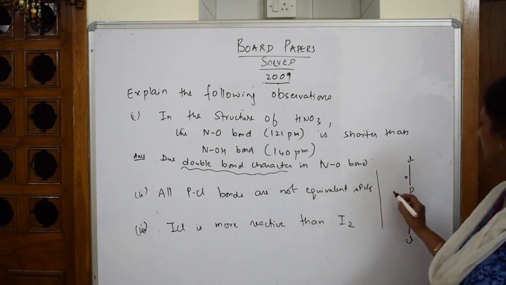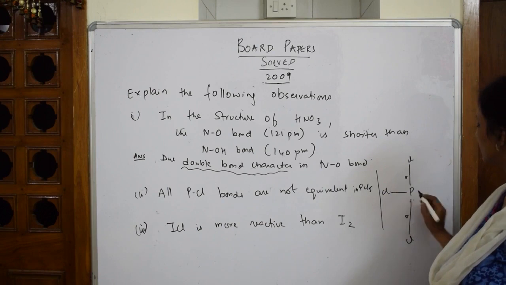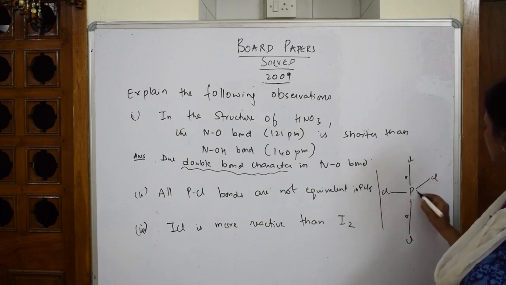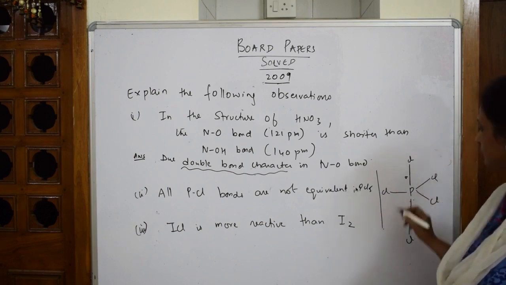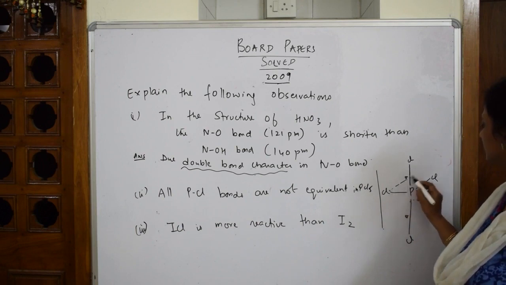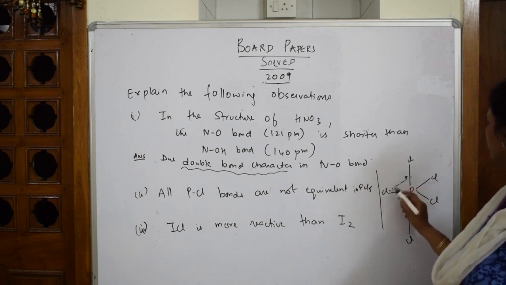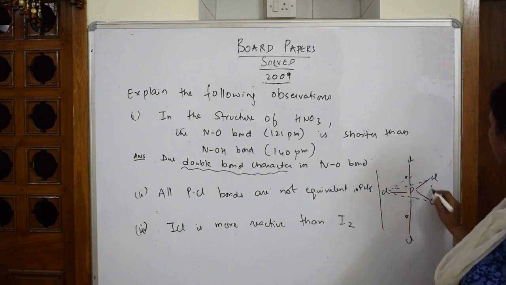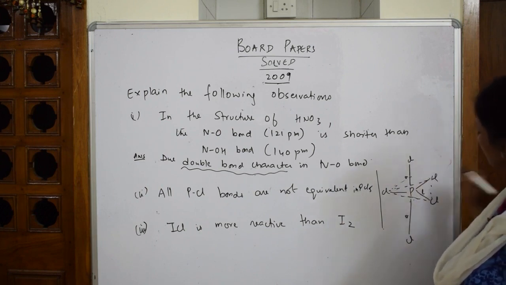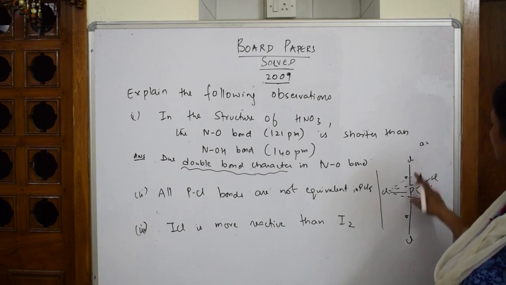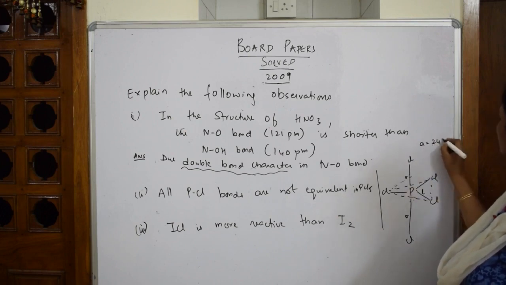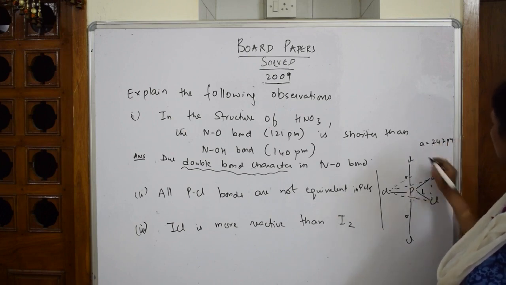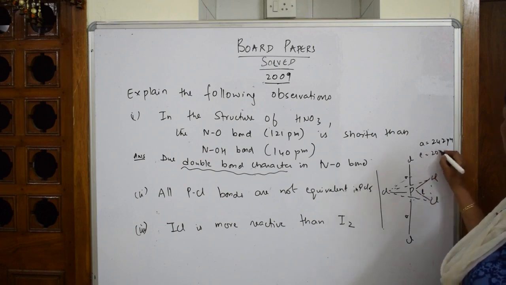The leftover 3, 1 is distributed here, 1, 2, and 3. I already did this video. Please watch that. And you're joining them in this way. Now, these are called equatorial bonds. Axial bond length is 242 picometer and equatorial is 202 picometer.